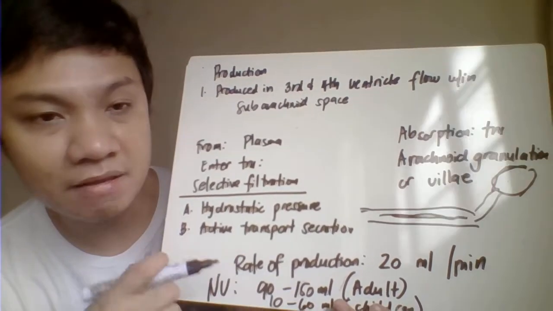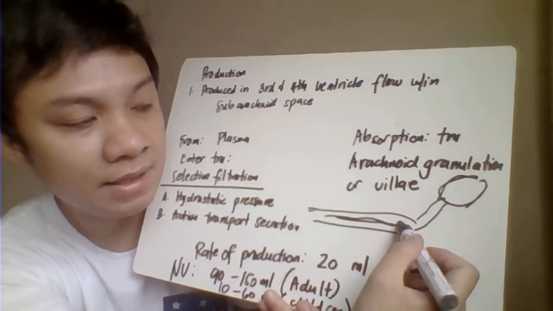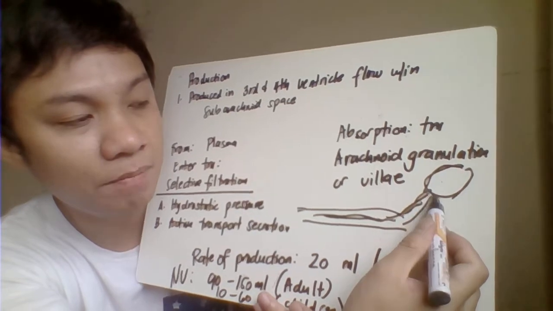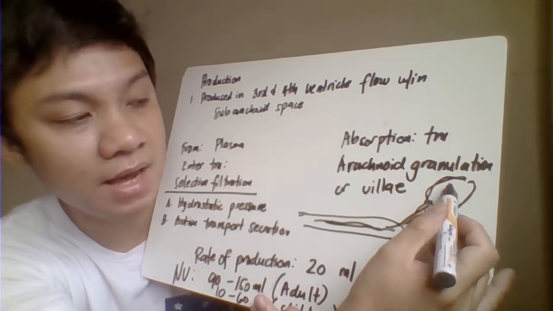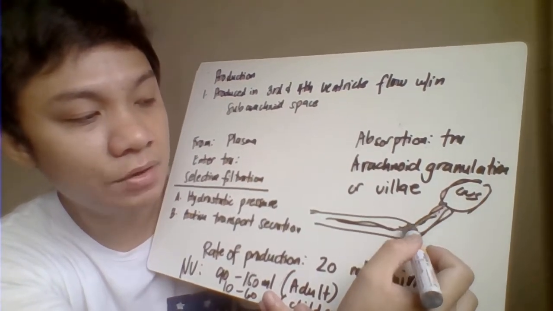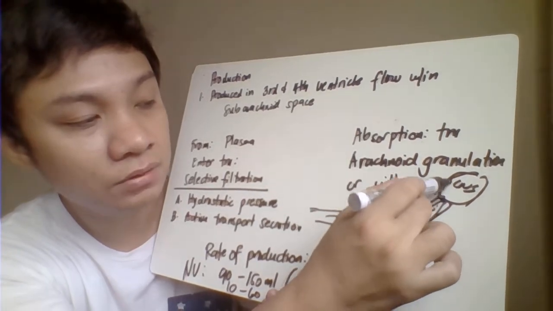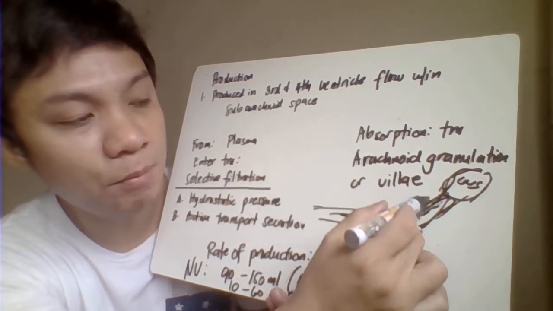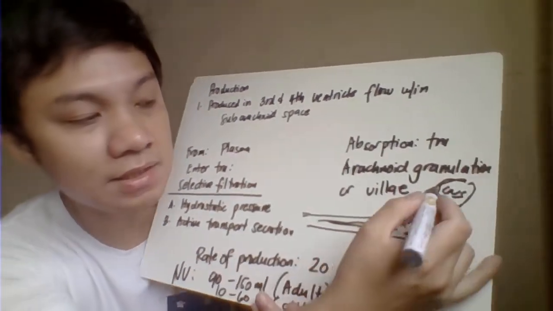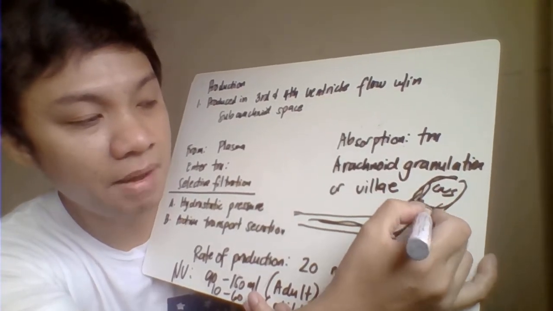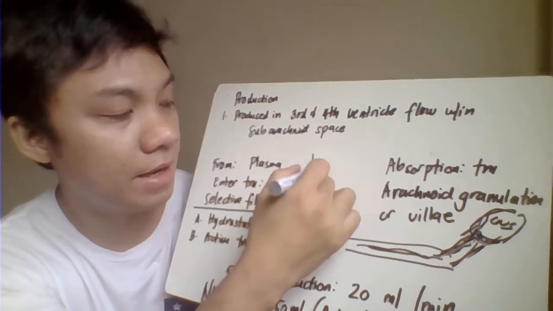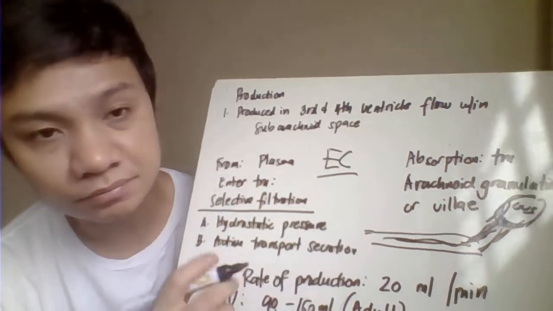Selective filtration means not all substances or blood components will enter our CNS. So you first need to filter them. Okay? Basically, the membrane for entry is lined by the endothelial cell.